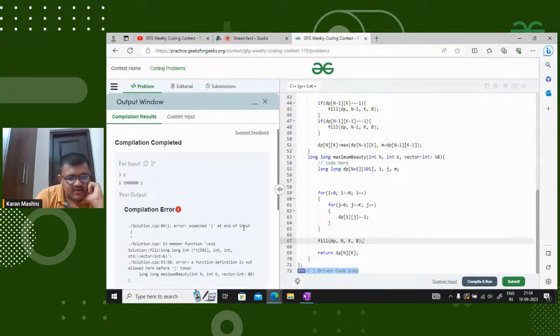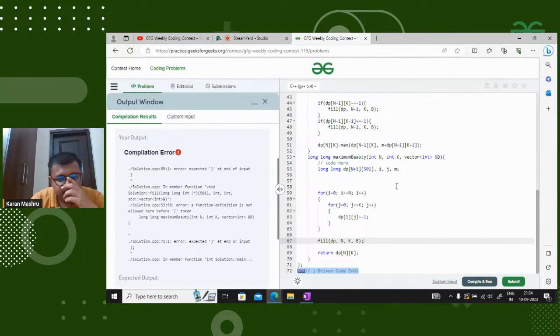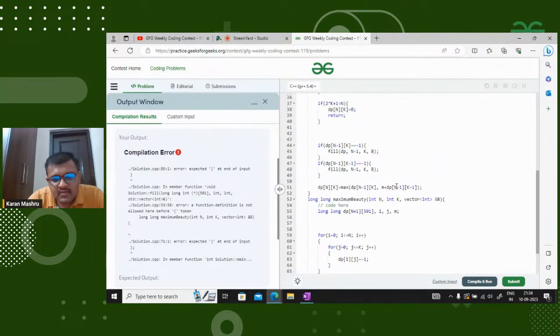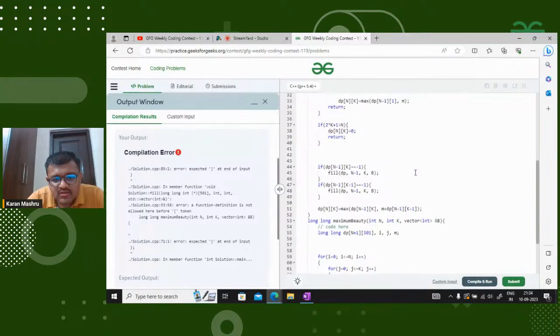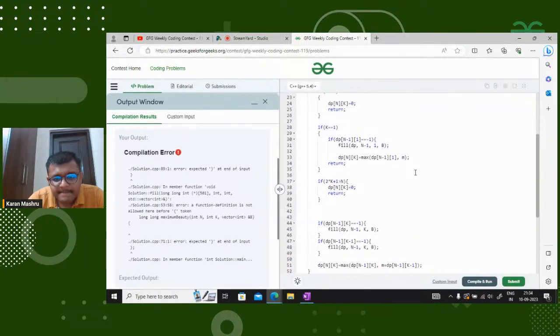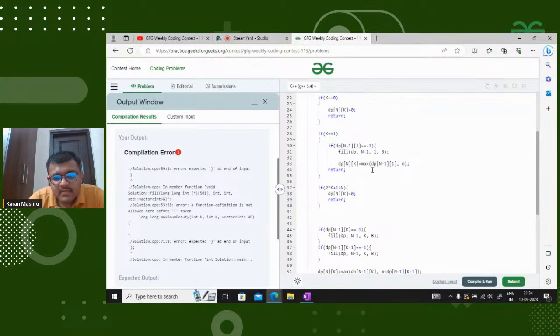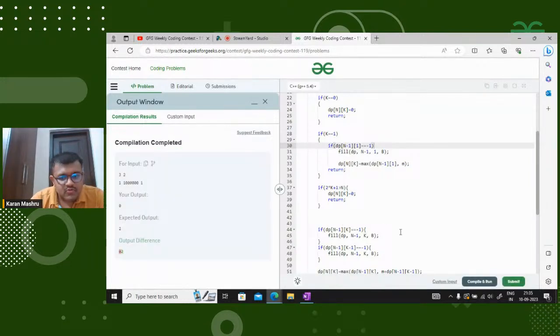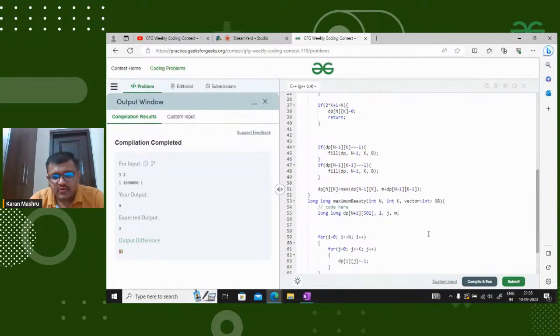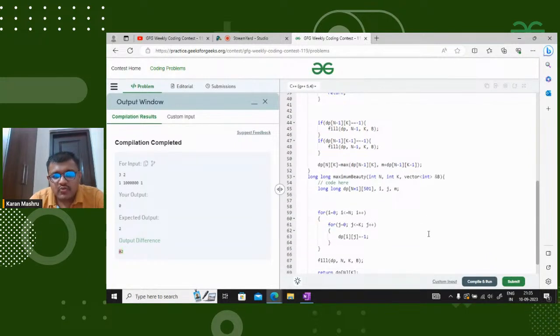So what is this error in this line? Is any bracket open which we have not closed? Okay, so here is an extra if opening bracket. Okay, so we have got 0, so we are making some mistake, so we need to find it out.